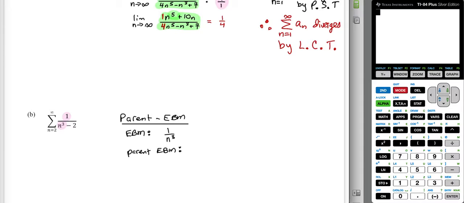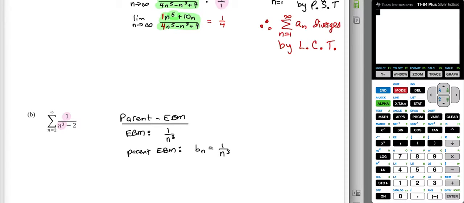For example, if this were 1 over 2n cubed, I would strip away the 2. If this were, let's say, 1 over n minus 2 cubed, I would strip away the minus 2. Any transformation upon your EBM makes it the parent function. In this case, it turns out that the parent EBM is the same as the EBM itself. So b sub n is going to be 1 over n cubed.